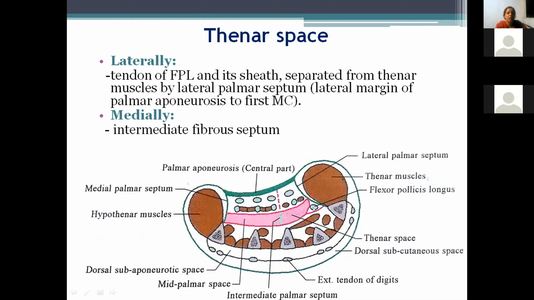Laterally we have flexor pollicis longus, and medially this is the septum, the intermediate fibrous septum. This was the septum making the lateral boundary for the mid-palmar space, but it is forming the medial boundary for the thenar space. This is in the midline. For this space, this is lateral. For this space, this is medial, because this is our little finger, this is our thumb.